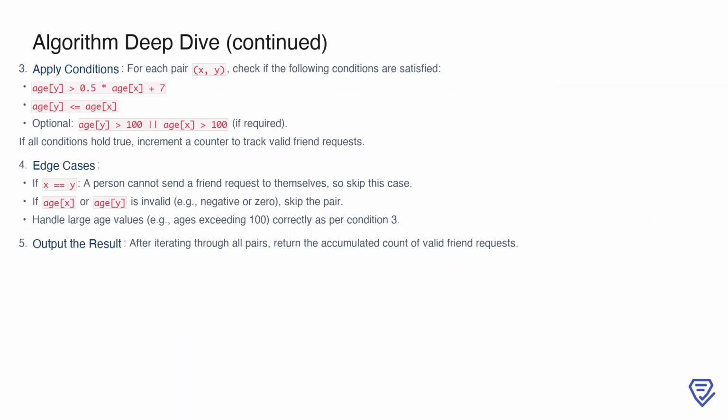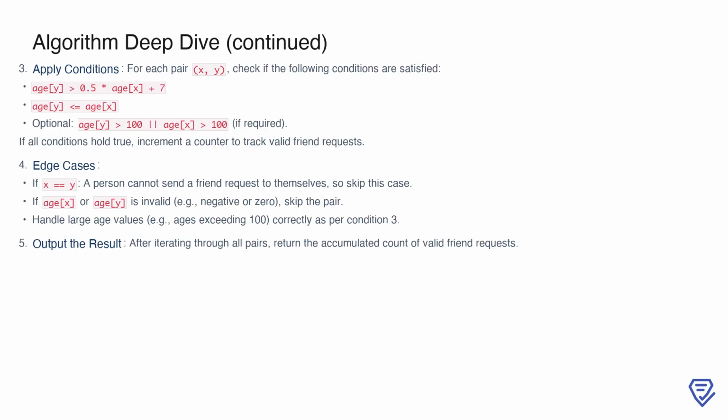To implement the brute force approach, we begin by comparing every possible pair of individuals in the given age array. For each pair x, y, we evaluate the three conditions mentioned earlier. If all conditions are satisfied, we increment a counter to keep track of the valid friend requests. Additionally, we need to handle a few edge cases.